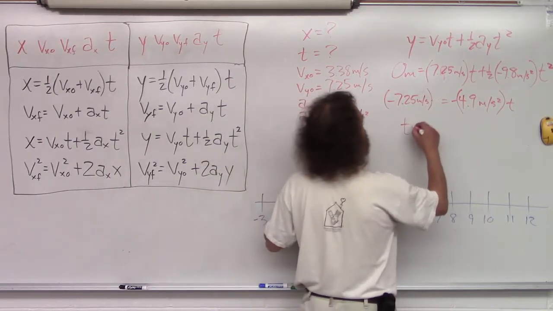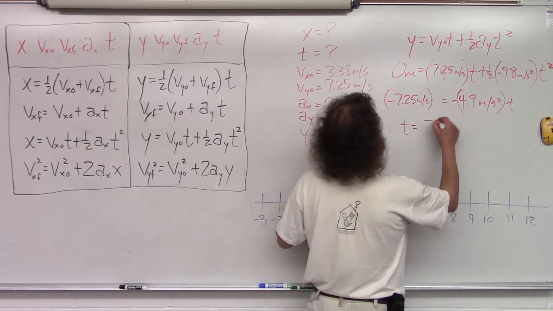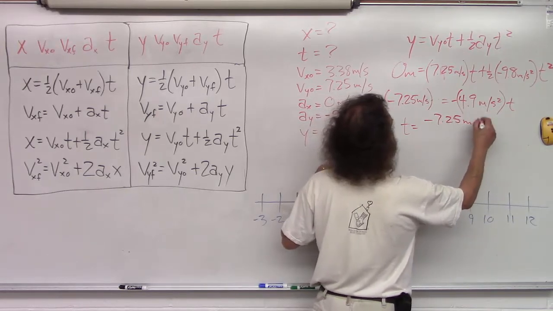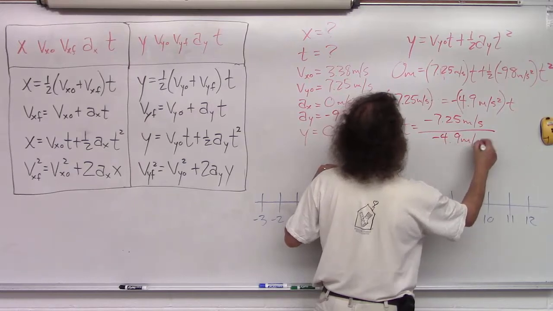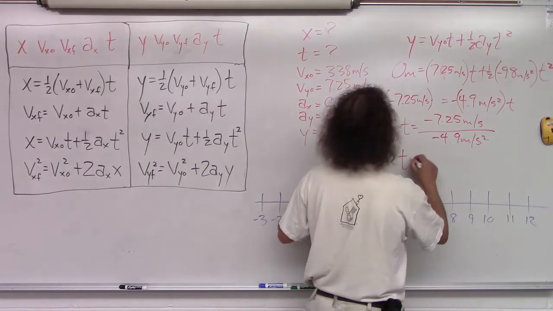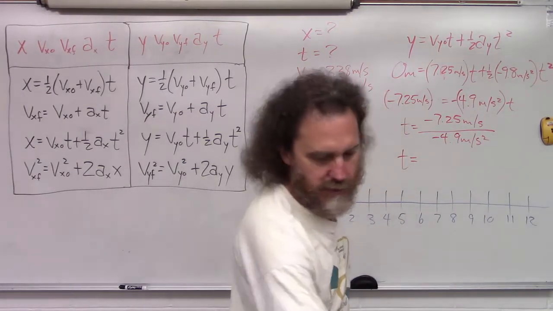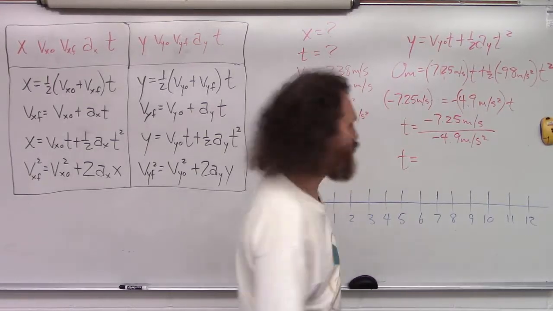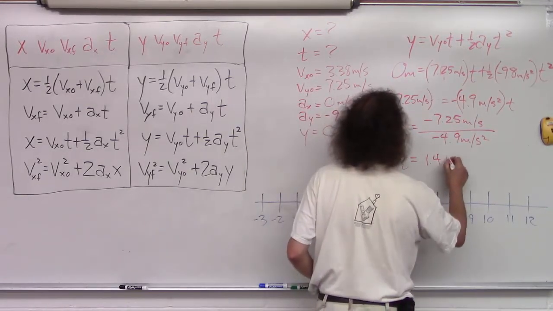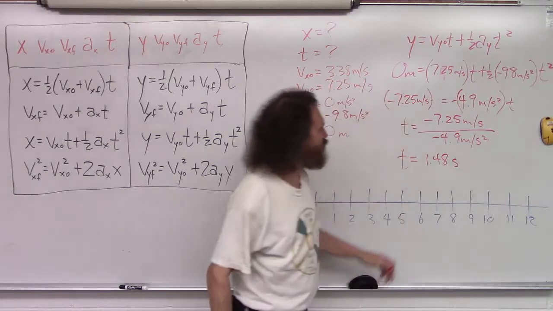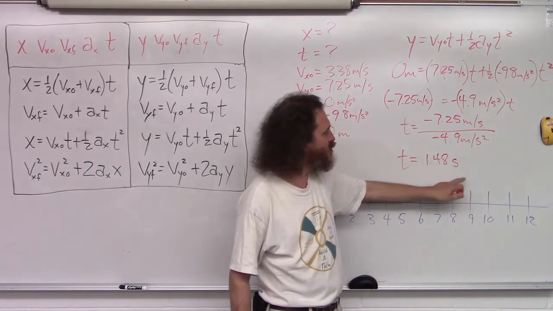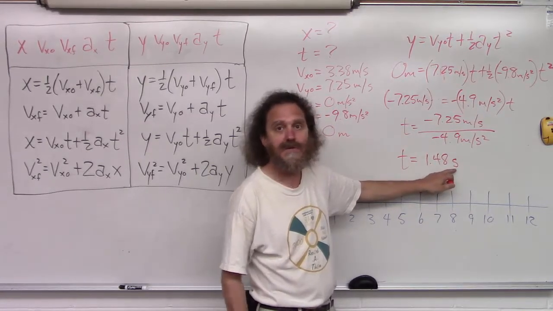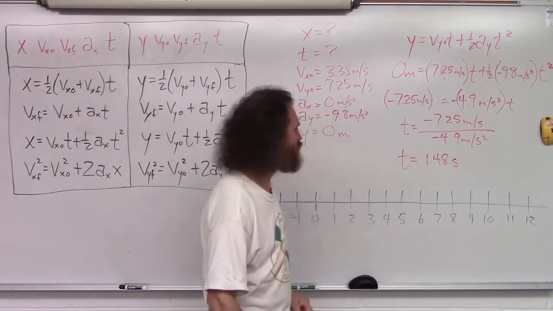Okay, so let's solve this for t. So this is minus 7.25 meters per second over minus 4.9 meters per second squared. And the time turns out to be, let's see, 1.48 seconds. Now notice the units: meters per second over meters per second squared gives you seconds, so the units come out to be what we expect, which is units of time.